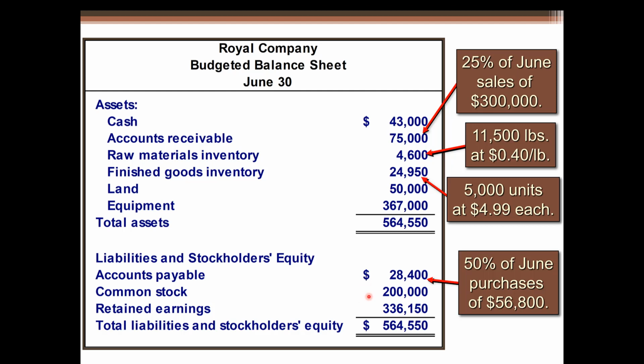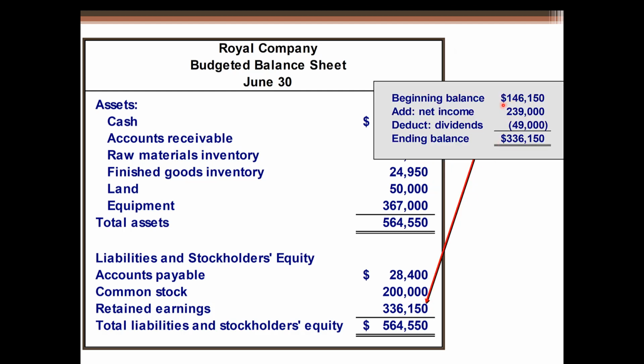Shareholders' equity. Common stock 200,000. This is a given. For retained earnings, the question has told us beginning balance of retained earnings 146,150. To calculate ending balance of retained earnings, we can follow the formula. Beginning balance plus net income minus dividends. So we add net income. This is our budgeted net income from budgeted income statement we just prepared.